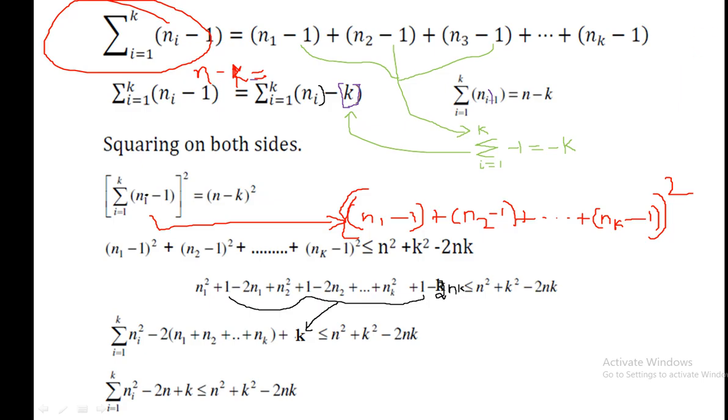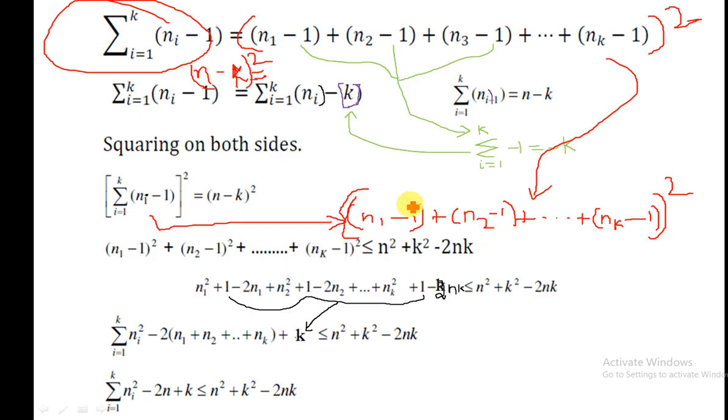So understand that now I am going to square both sides. n minus k whole square. Right hand side: n1 minus 1 plus n2 minus 1 and so on, nk minus 1 whole square. This step only, right? So what am I going to write?